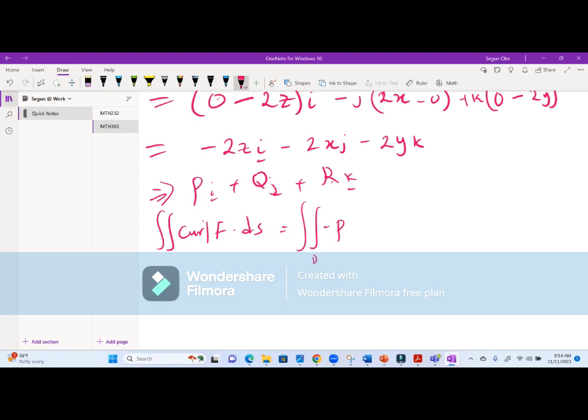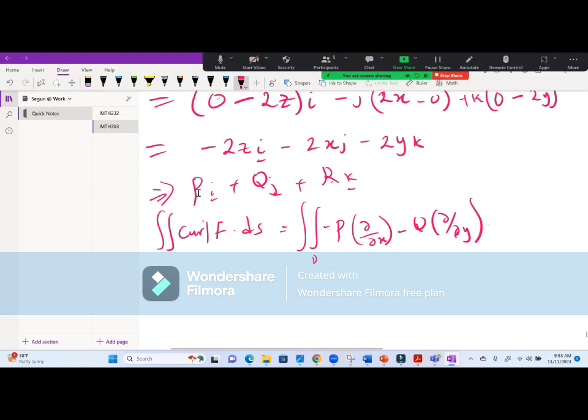because everything here is minus, let's say P dx minus Q dy. Do we have plus there? Let's say plus R dA, or whatever we put, because we only have to solve the order.